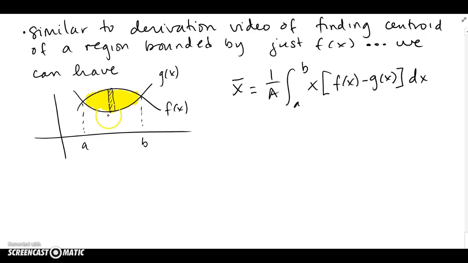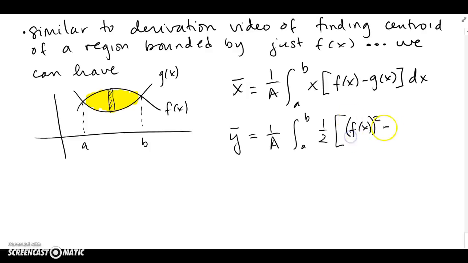So it'll be top function minus bottom function, f of x minus g of x. So it's very similar to just x times f of x, but to get that length, we end up subtracting the two curves. And similarly, y bar will be 1 over A, of course being the area between the two curves, from A to B, of a half, not just your function squared, but f of x squared minus g of x squared dx.